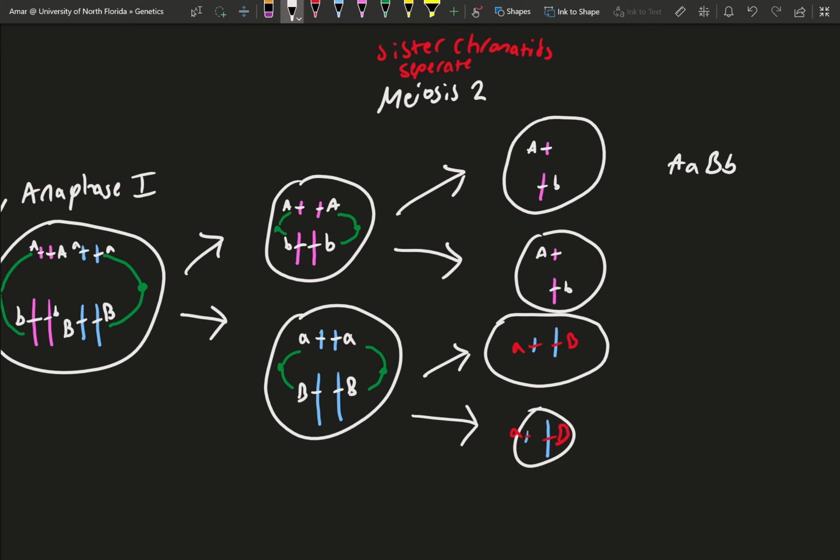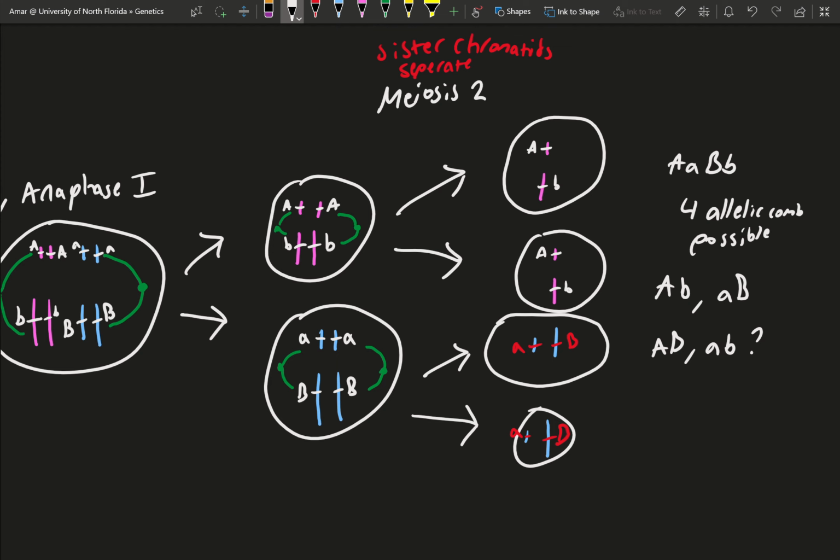We would have a total of 4 possible allelic combinations from this genotype. But what we're getting here is something like big A with little b, and little a with big B. So how do we get the other possible combinations of alleles, which are big A, big B, and little a, little b? So what's happening with them?